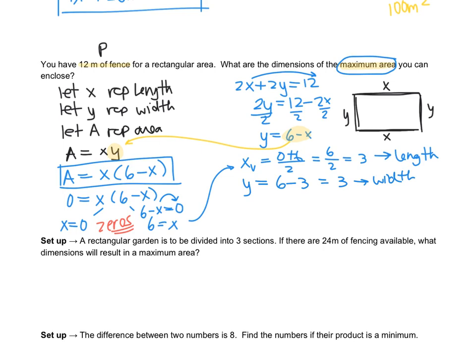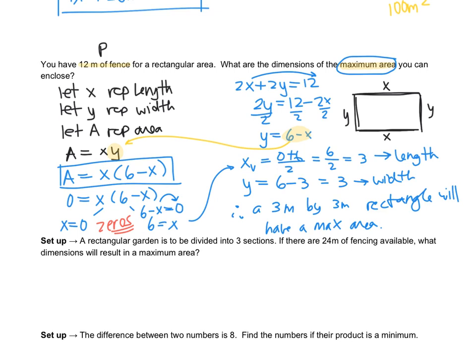And you would have to show this algebraically even if you have an idea in your head of what the dimensions should be. So therefore, a 3 meter by 3 meter rectangle will have a max area.